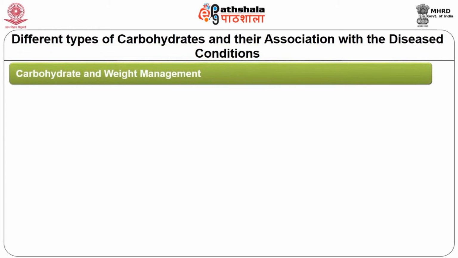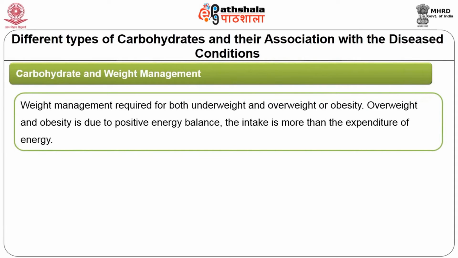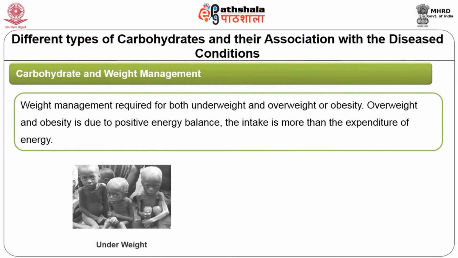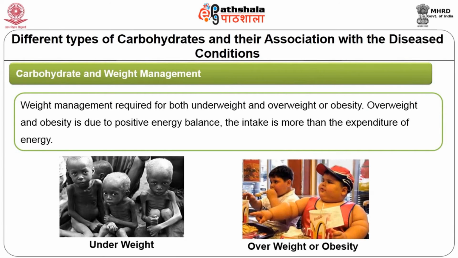Second aspect is related to carbohydrate and weight management. Weight management is required for both underweight and overweight or obesity. Overweight or obesity is due to positive energy balance. The intake is more than the expenditure of energy.